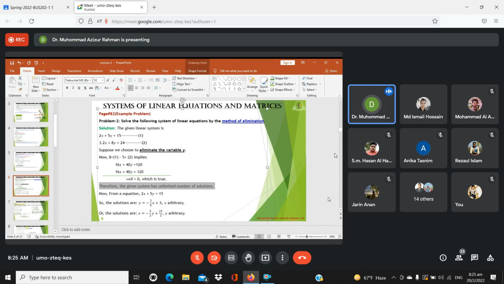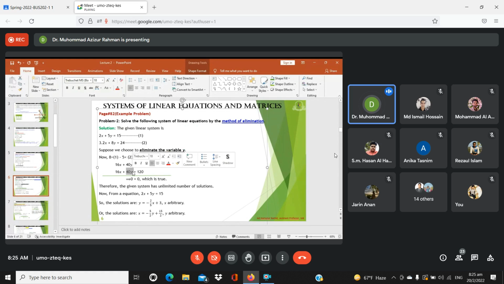So if you want to eliminate any variable here, right? 5y, you can see here is 5y, another one is 8y. If you want to eliminate, that means you have to get a common value. If you have the same value, then you can subtract and eliminate that variable, right?